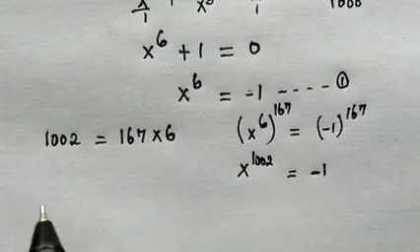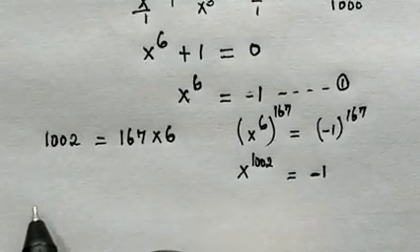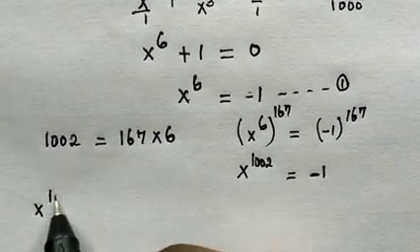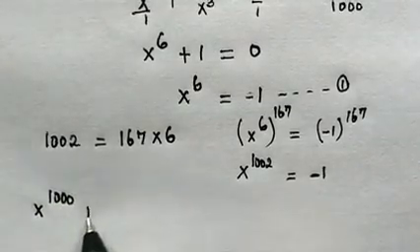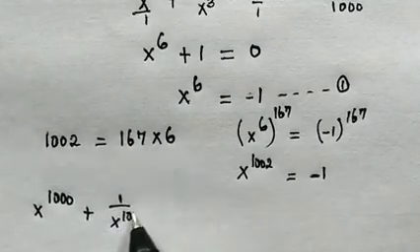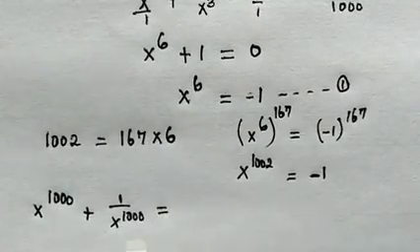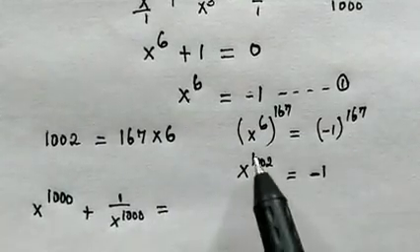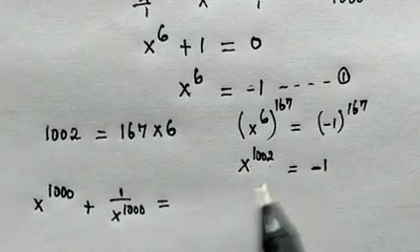Now the expression we're asked to evaluate, we need to manipulate the expression. x to the power of 1000 plus 1 all over x to the power of 1000. So this will be equal to, now we need this expression, x to the power of 1002.